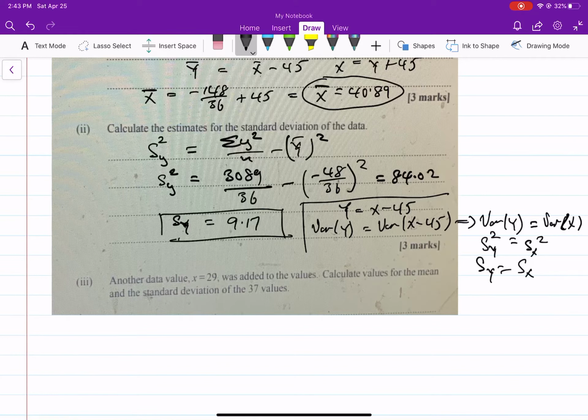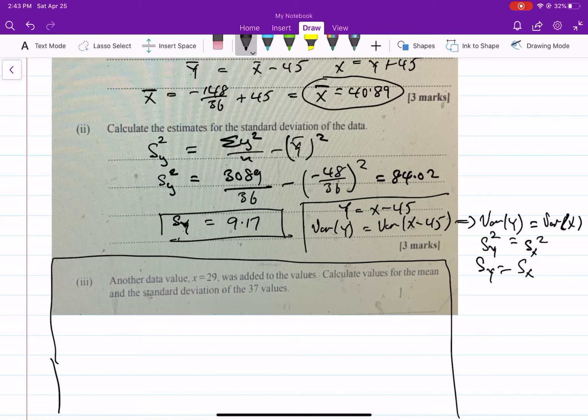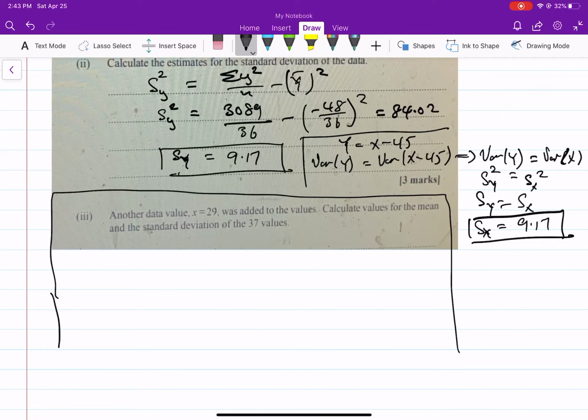What's my conclusion there, therefore? Sx, which is what I really want, the standard deviation for X, is 9.17. Yeah, y'all please double check my numbers. Let me actually double check this one though.